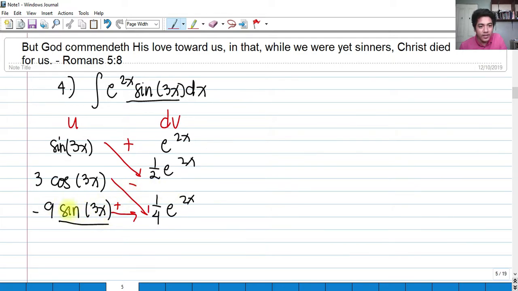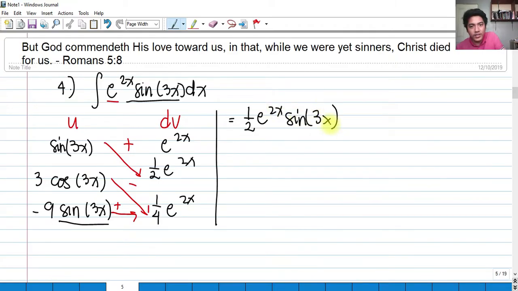As you can see here, sine 3x and e raised to 2x are also present in the integrand. So, let me just rewrite. 1/2 e raised to 2x sine of 3x, that's the first, minus 3/4 e raised to 2x cosine of 3x, then plus what?